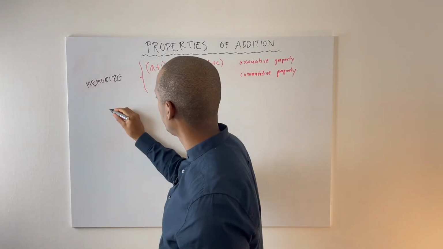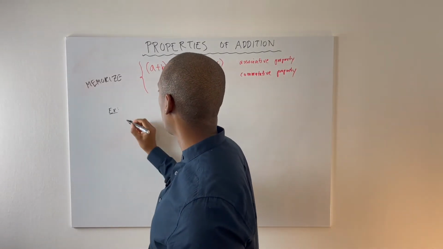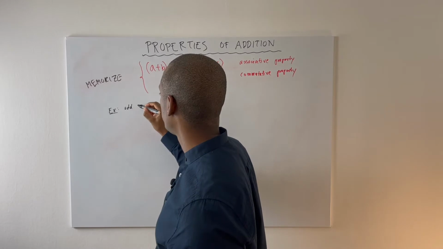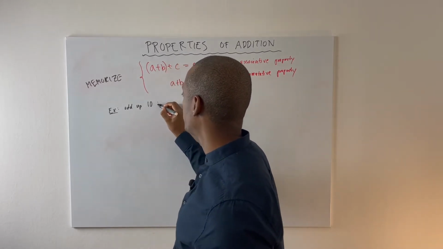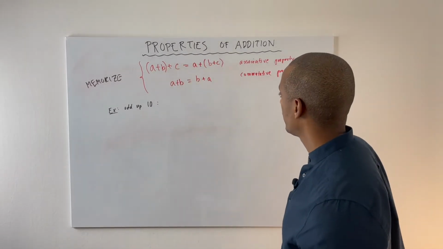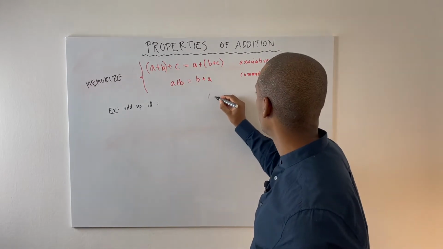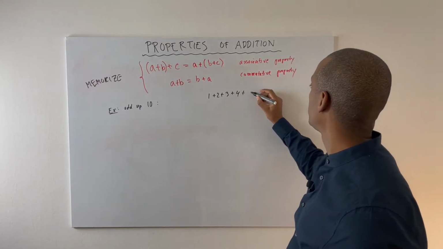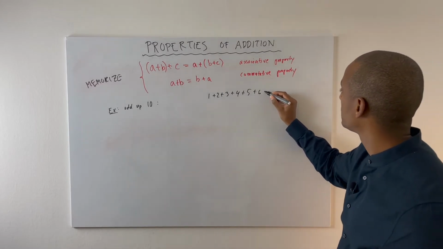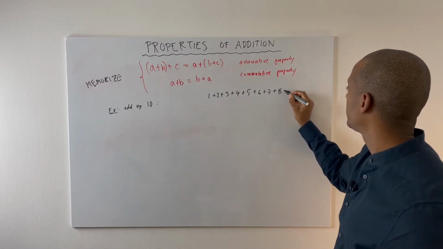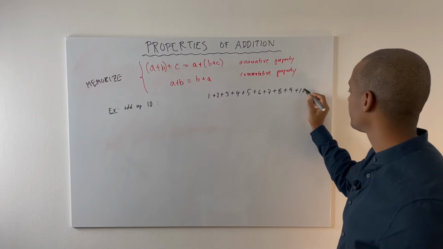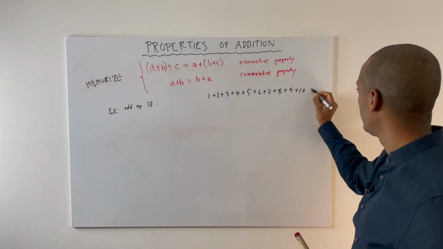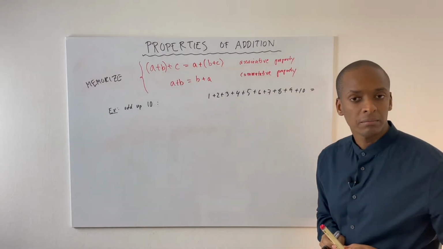Let's say I want to add up all the numbers up to 10, okay? So we want to do something like this: 1 plus 2 plus 3 plus 4 ... plus 8 plus 9 plus 10. We want to add all these numbers, okay?